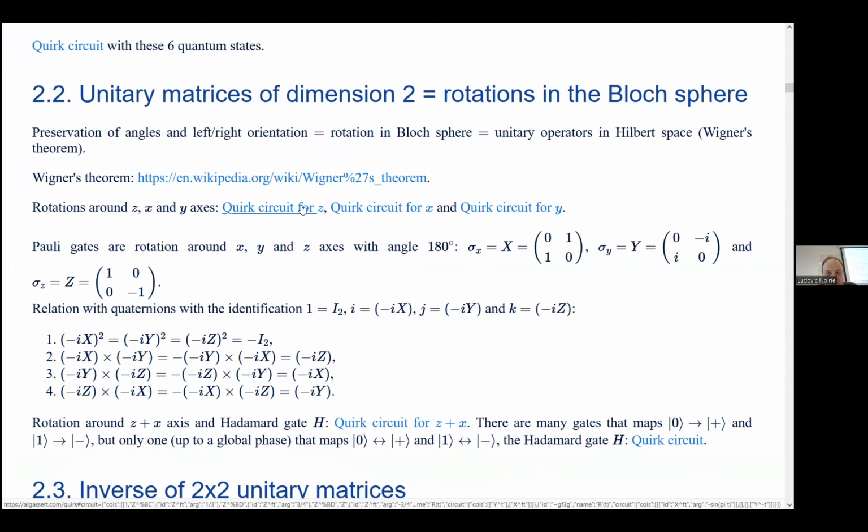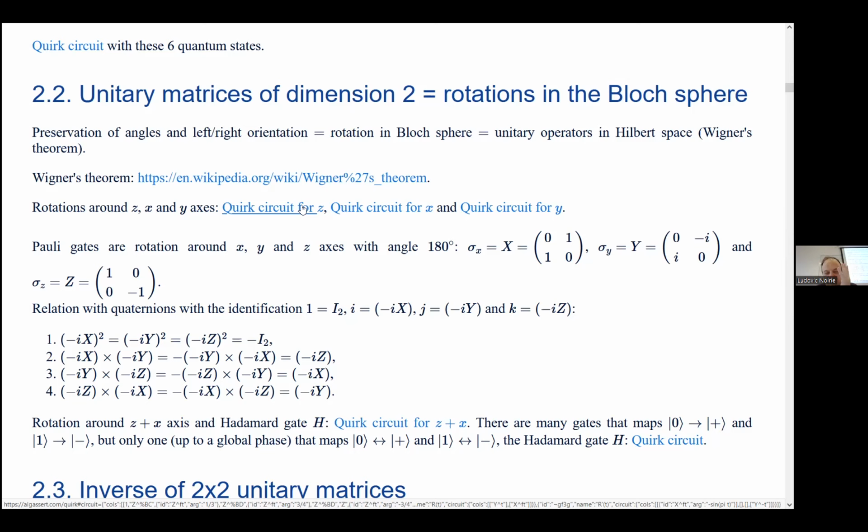This is due to Wigner's theorem, which says that any isometry on the projective space, which is the Bloch sphere in the case of dimension 2, can be represented by either unitary operators or anti-unitary operators.